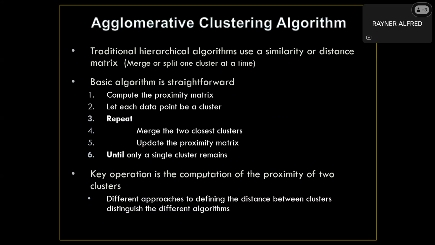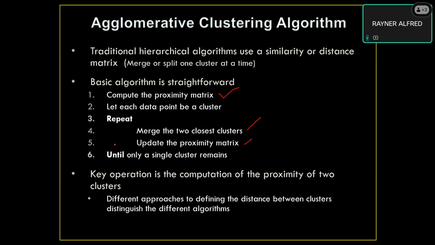The basic algorithm is straightforward. First, you need to generate the proximity matrix or distance matrix. You let each data point be a seed, so each data point is considered a cluster. Then you merge the two closest clusters and update the distance matrix.